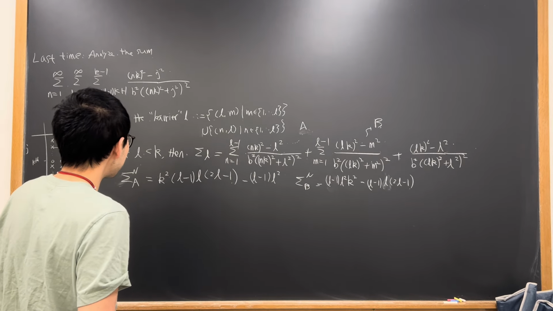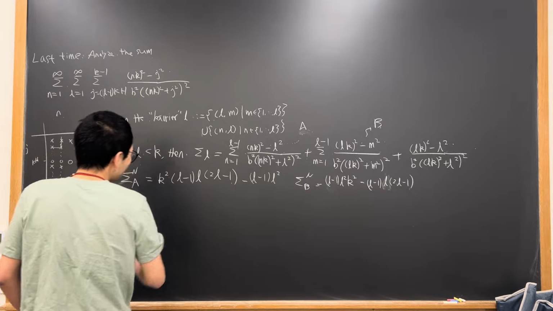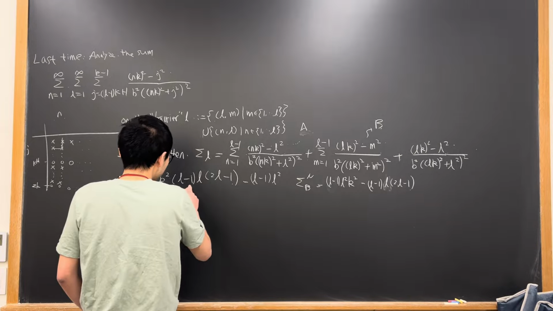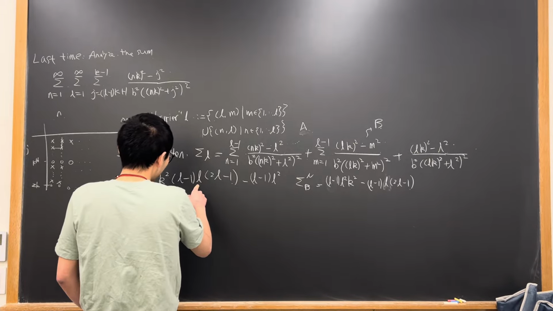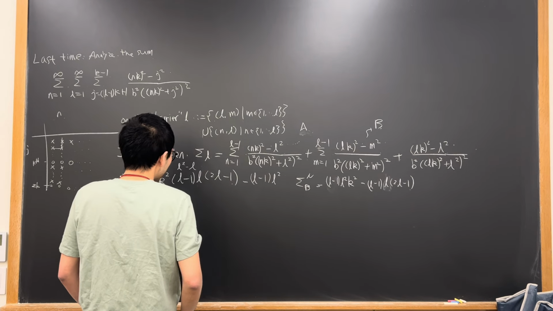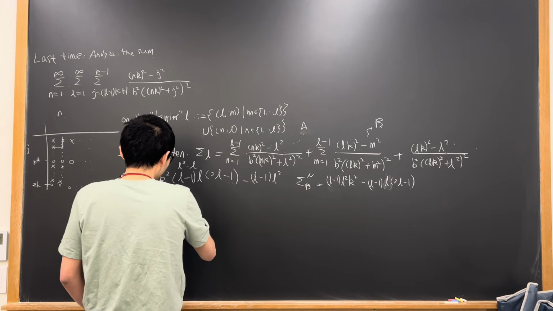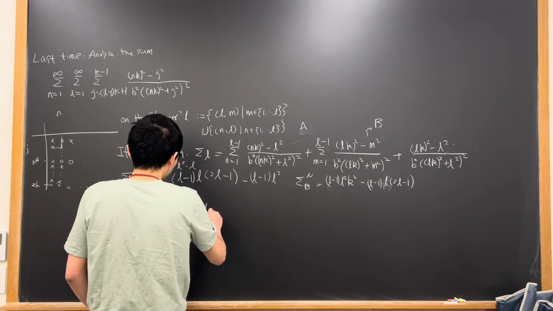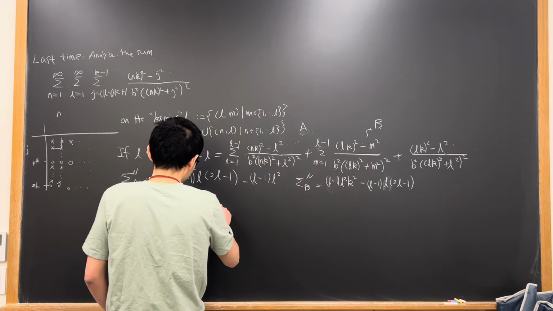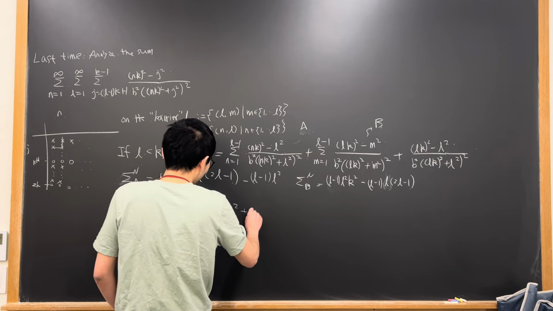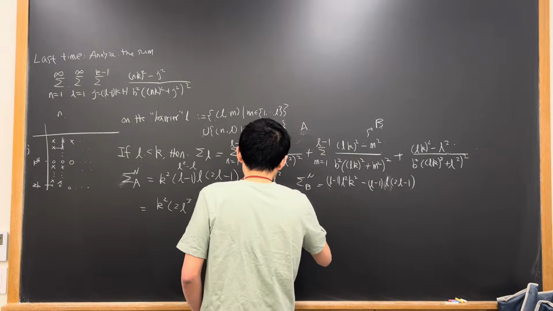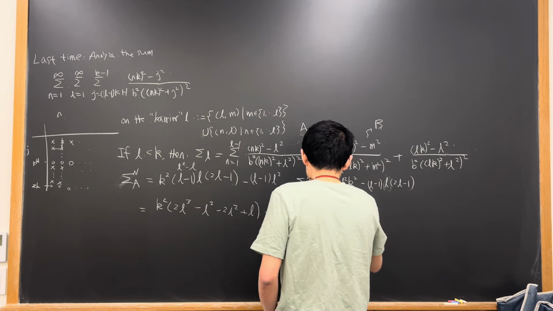So when these two are added together, this is equal to k squared times L squared minus L, right? And then multiplying together, I get 2L cubed minus L squared minus 2L squared plus L minus L cubed plus L squared.